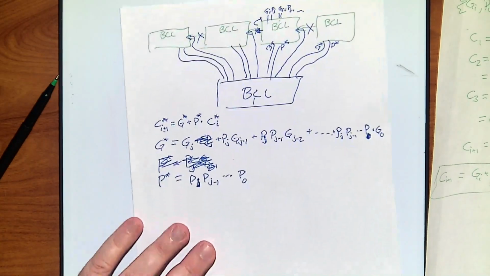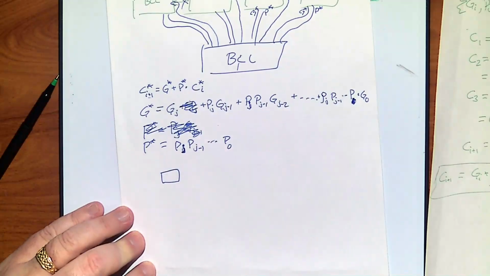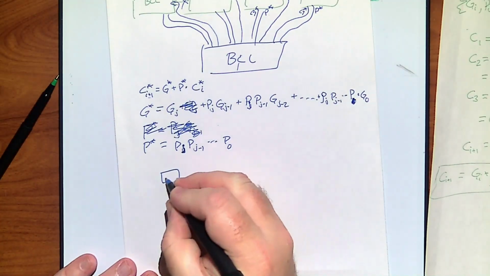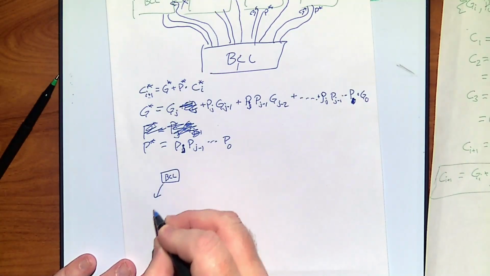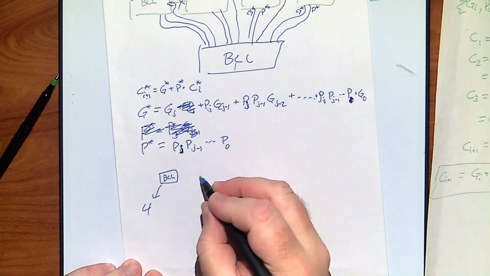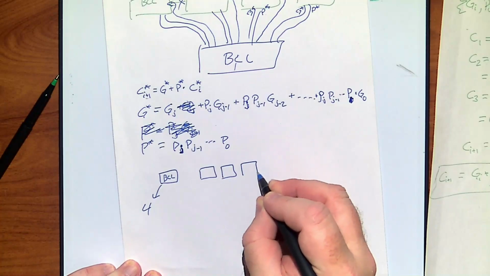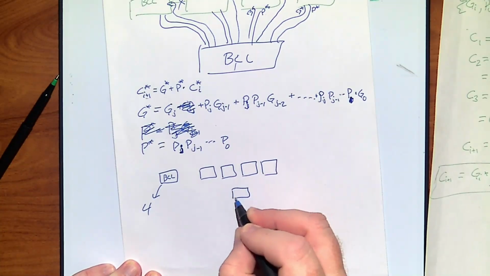So I'll just draw a square for my block here. I'll just put it once, I don't want to do this over and over again. I think this will handle 4 bit generate pairs. Now, the extreme of this is when I get 4 of these, I need to have one more level.